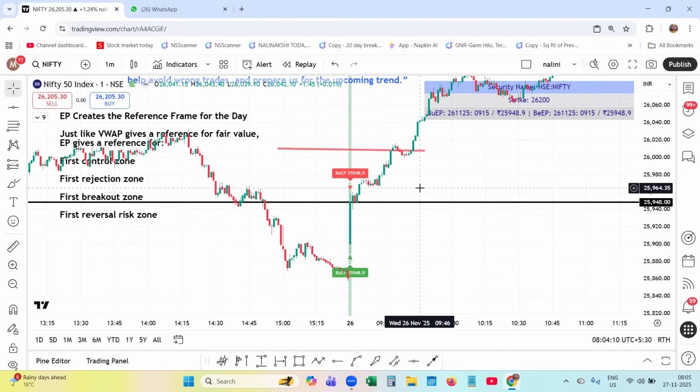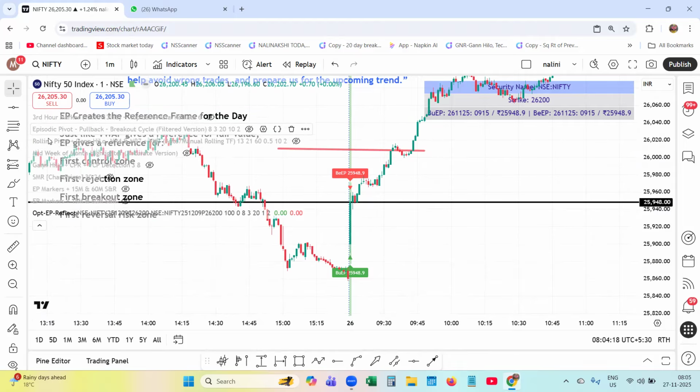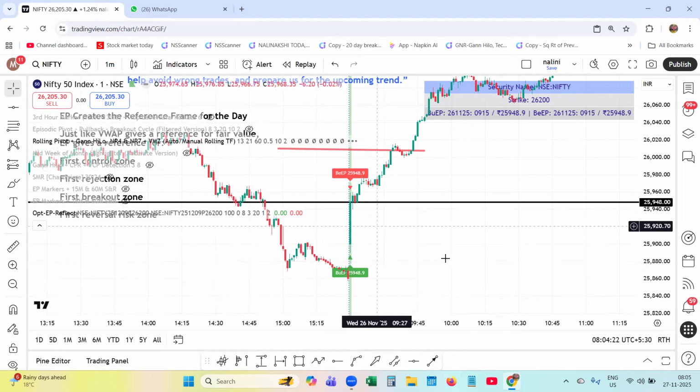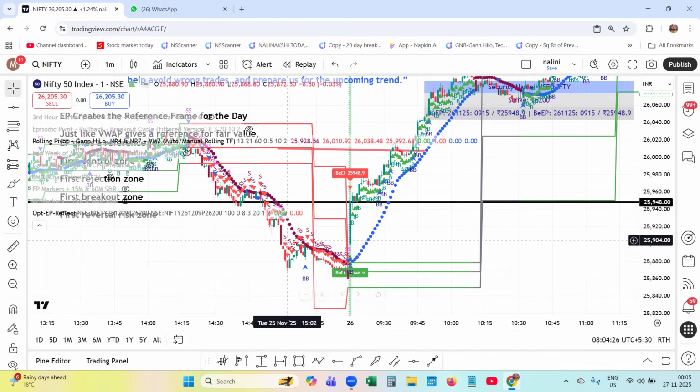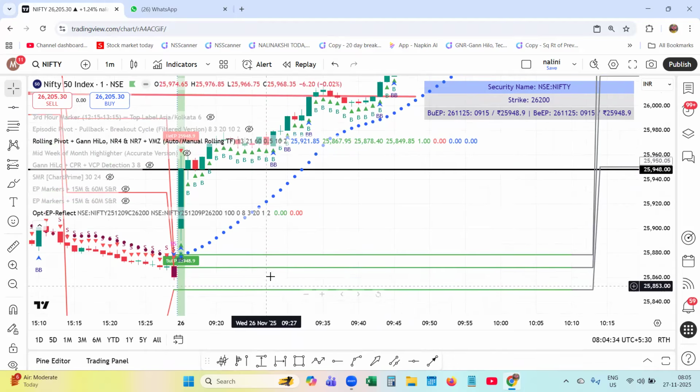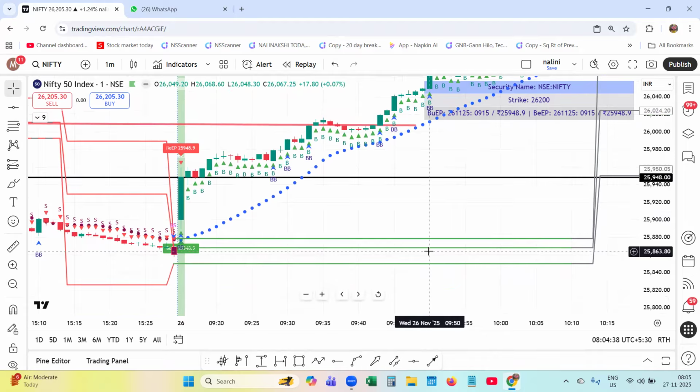You will not get a balance line immediately, because you will not know what the balance line is over here. Let me enable this Rolling Pivot Reversal Magic. It is gapping up, and you do not know when to enter the market. So you will be scared to enter the market when it is gapping.